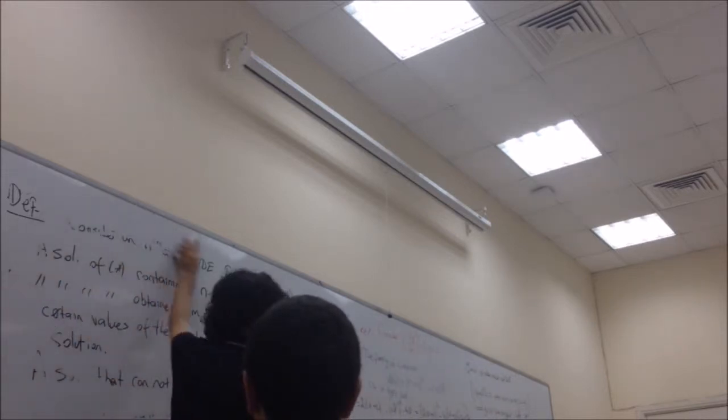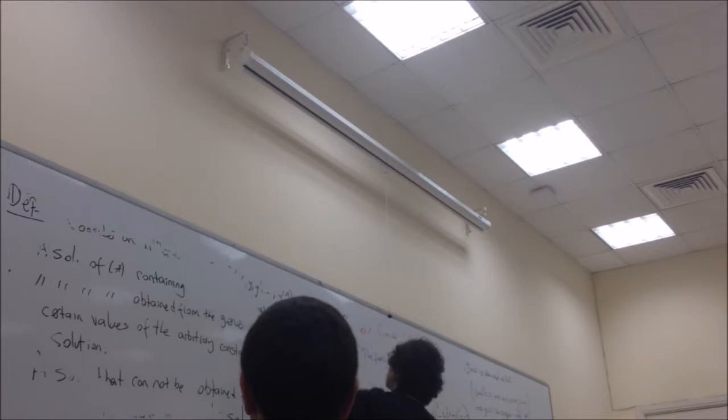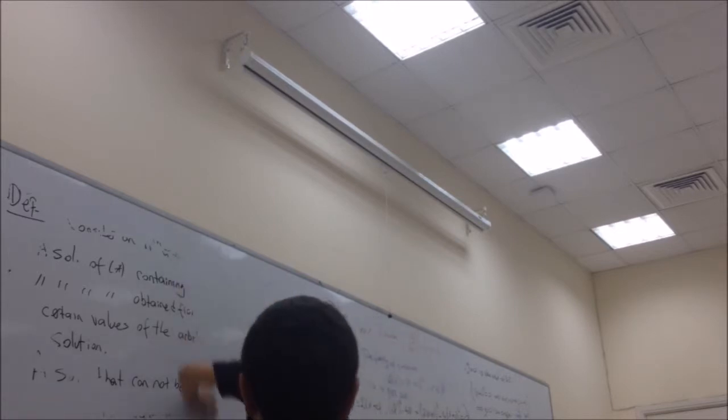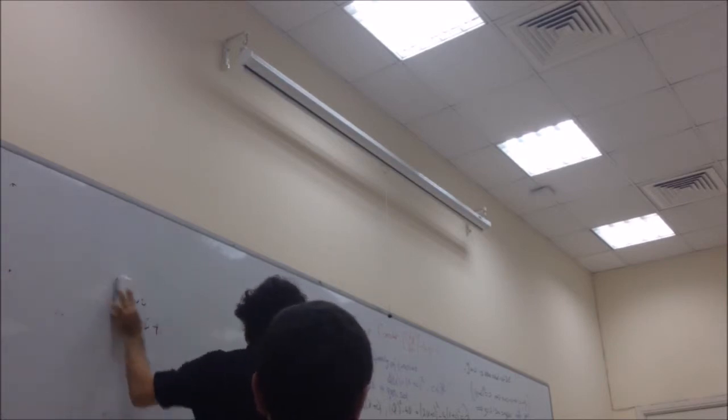This time you needed 2 arbitrary constants because your differential equation has order 2. And by playing with the values of c1 and c2, you will get particular solutions. For example, if you choose this to be 1, this to be 5, then sine 3x plus 5 cosine 3x is a particular solution, etc.